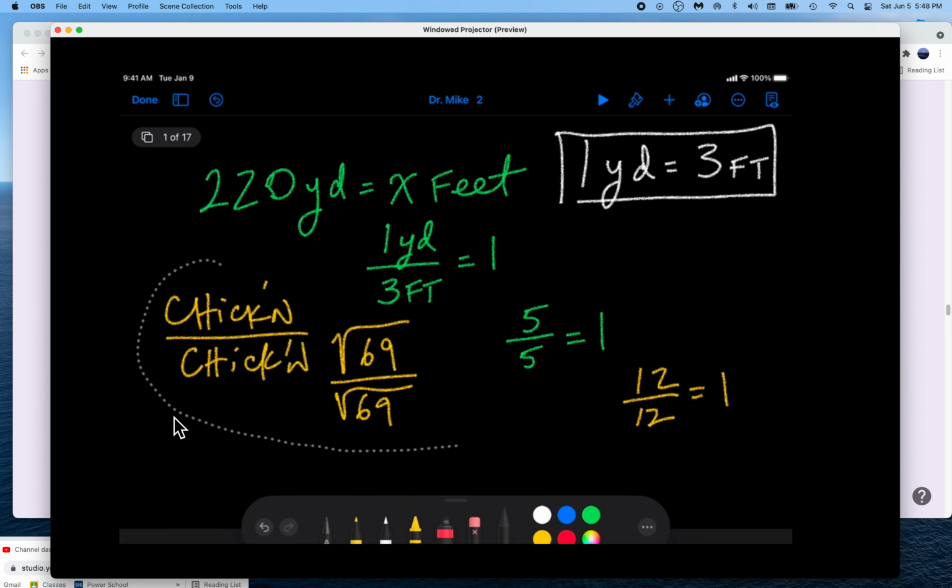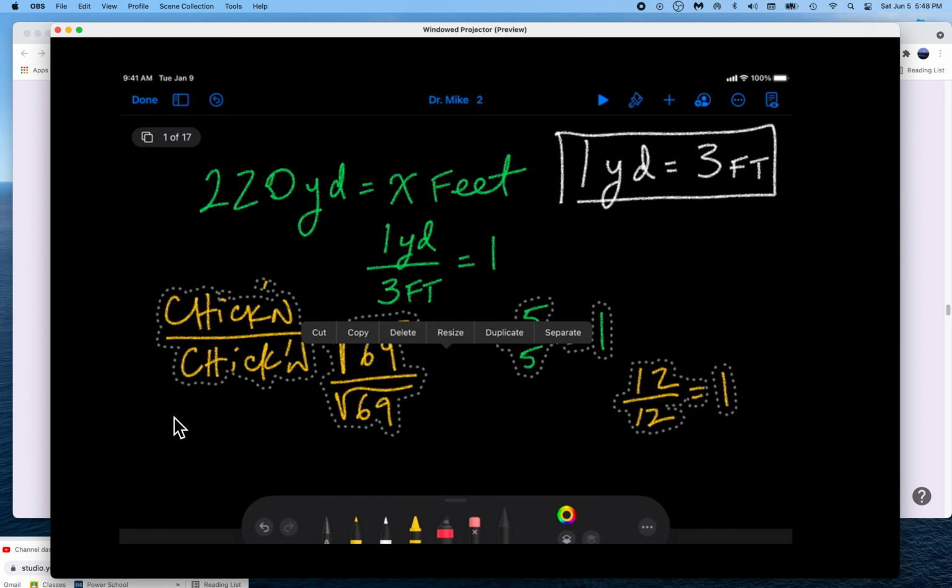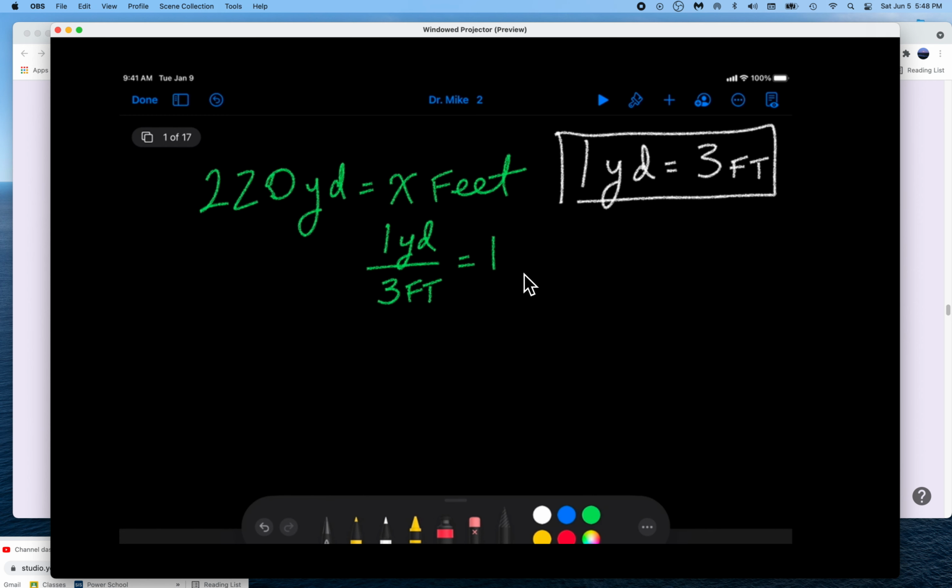We're going to use that to our advantage when we do conversions. So, because 1 yard equals 3 feet, these are equal. This fraction evaluates to 1. Well, so does 3 feet over 1 yard.